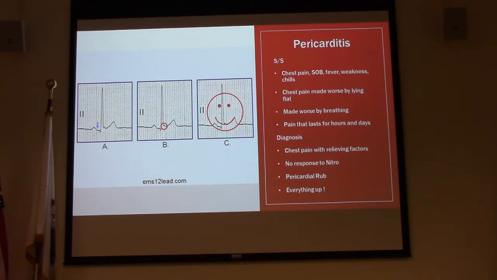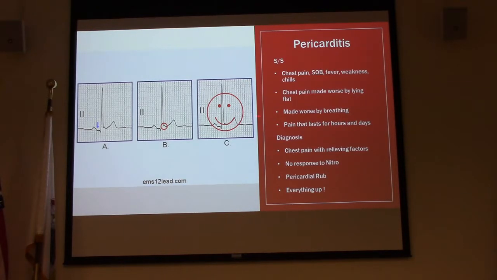Pericarditis can last for hours and even days, and a lot of times every time they breathe, it is extremely painful. Nitro will not relieve pericarditis. And if you listen to heart tones on this patient, you might hear the rub of the pericardial sac around the heart, almost like the friction rub that you would hear for pleurisy.